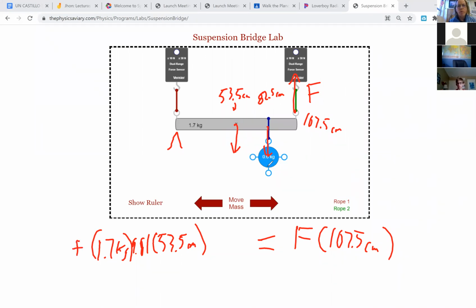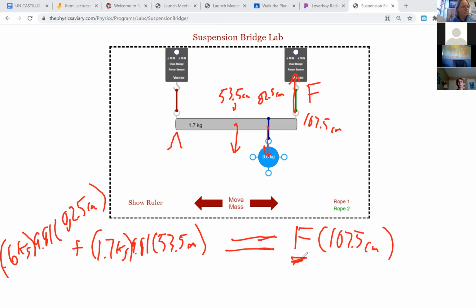So over here, I've got 0.6 kilograms, and that's 0.6 kilograms times 9.81 times its lever distance from the fulcrum, 82.5 centimeters, what I'd used with my ruler a moment ago. These are the two added together torques that are clockwise that are equal to my lone counterclockwise torque.